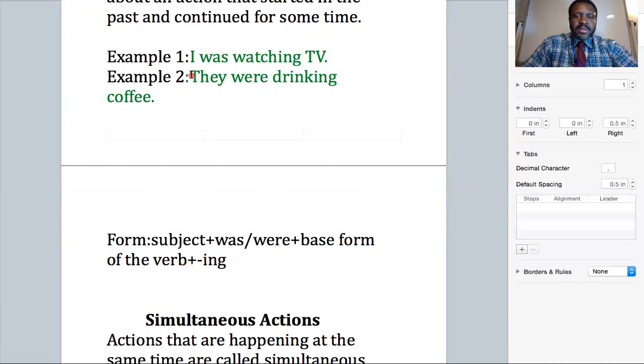The subject, I, or they, was, were, base form of the verb plus ing, watching, drinking.